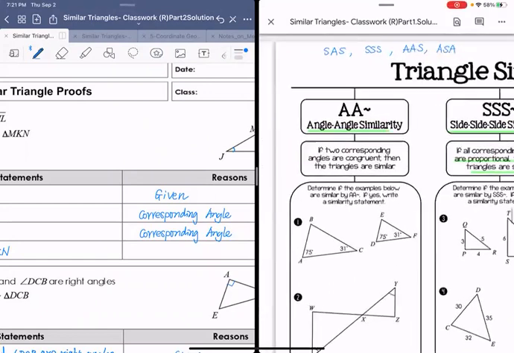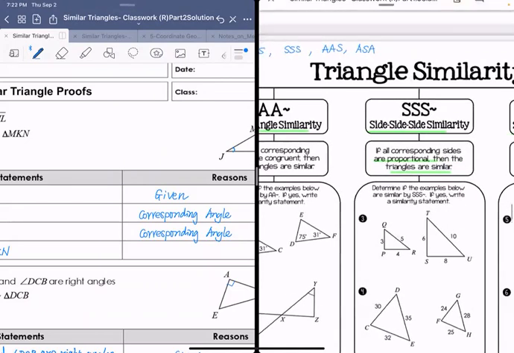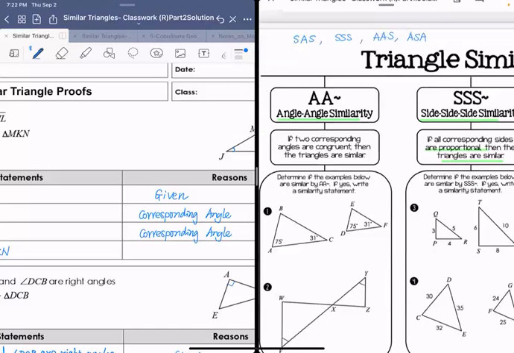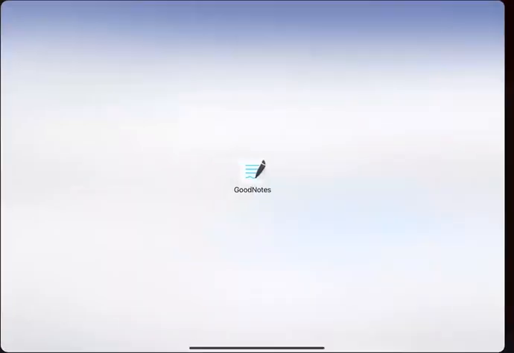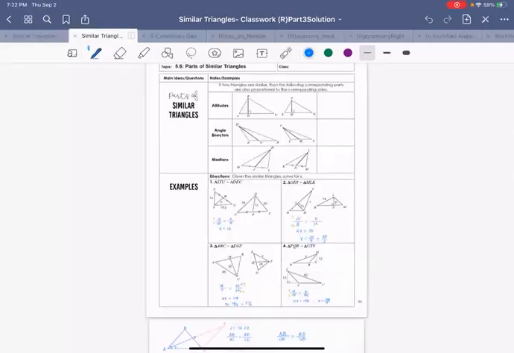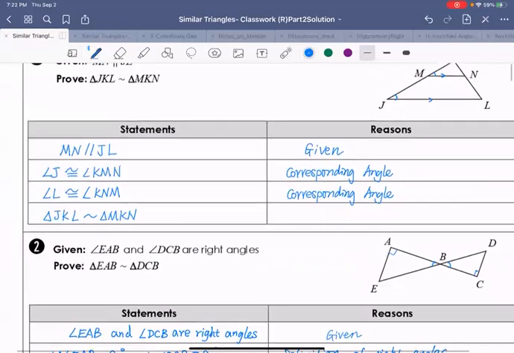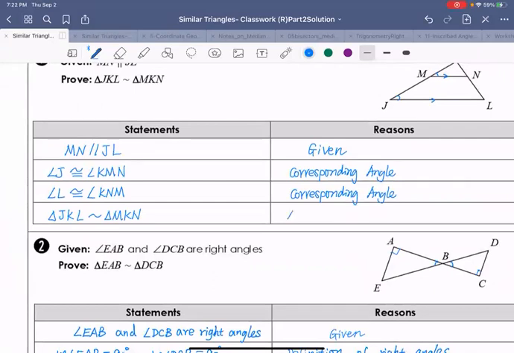This is AA. Okay. AA angle similarity. That means S stands for similarity, not side. AAS or ASA is for triangle congruency, not for triangle similarity. Oh, okay. You do a mistake here, then you will not do the same mistake in your school quiz or test. All right, that's it.